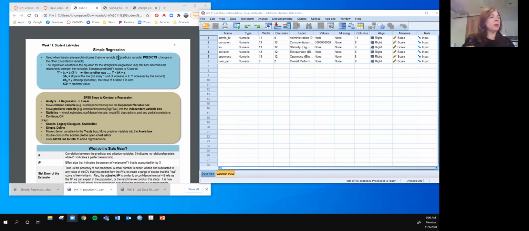And what this simply means is it's occurring in time before the dependent variable, or in regression, we call it a criterion. So we're switching from IV DV language to predictor criterion language. And a classic example in IO is your predictor is a selection test and your criterion is the performance appraisal score.